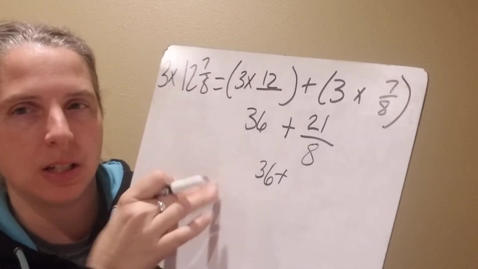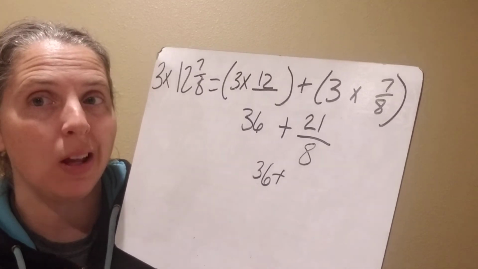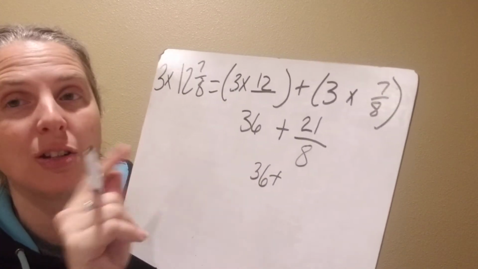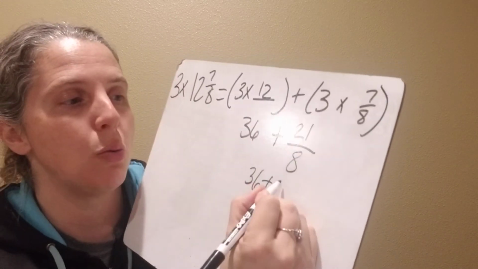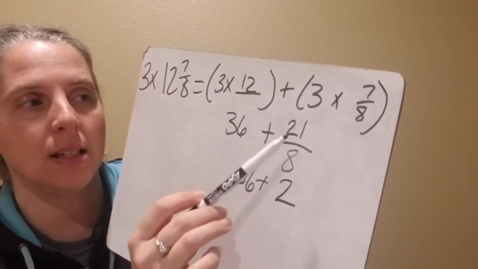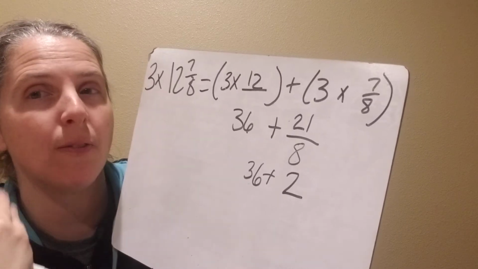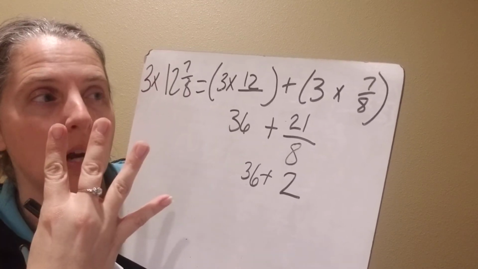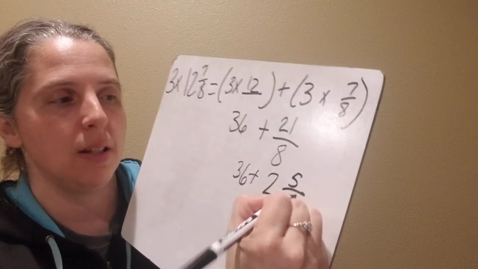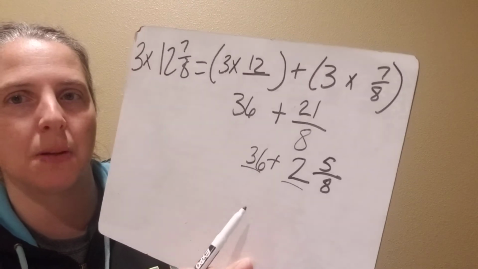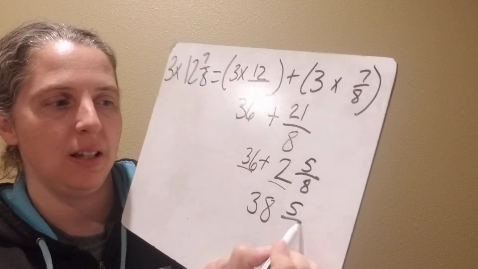If you can't do it in your head, then you need to do long division, or you need to use your multiplication chart, and then you can even use the other side with the hundreds chart to do the subtraction. So if you count by eights, it's 8, 16, it goes in twice, and then 21 minus 16, I would count that up. I know 16, 6 needs 4 more to get to the next 10, so it needed 4 to get to 20, and 1 more is 5. 5/8. Okay? Add your whole numbers. 36 plus 2 is 38, and 5/8.